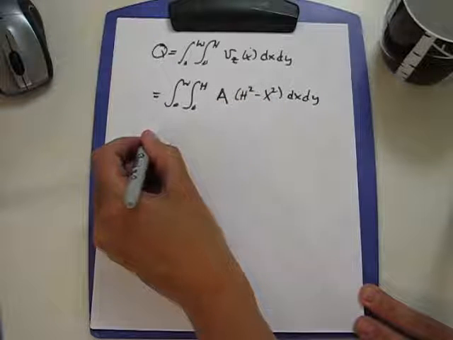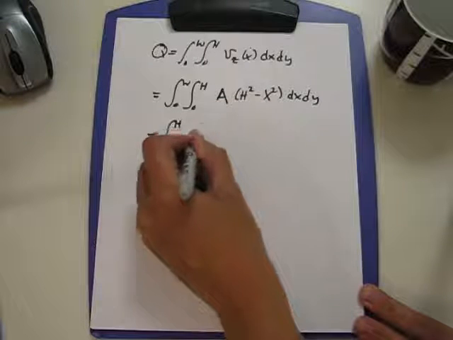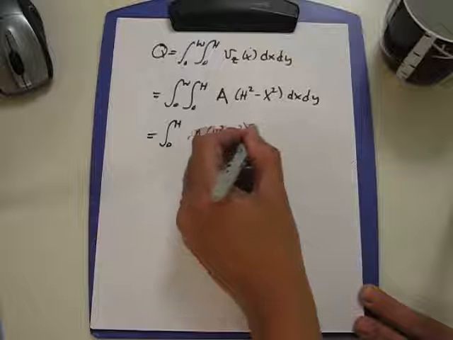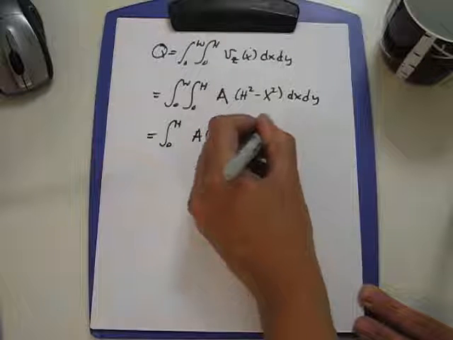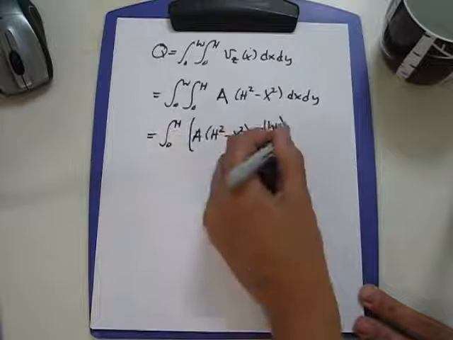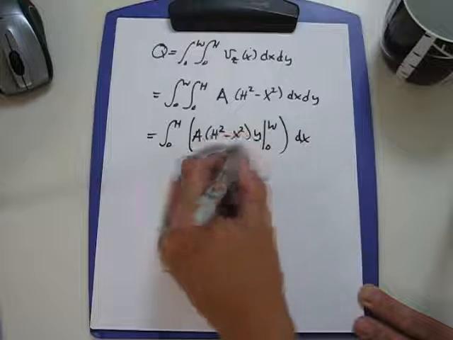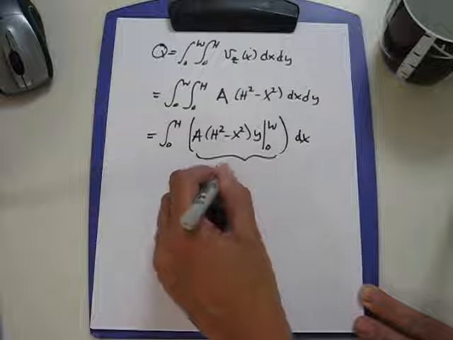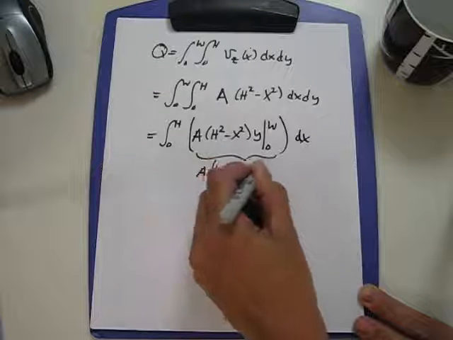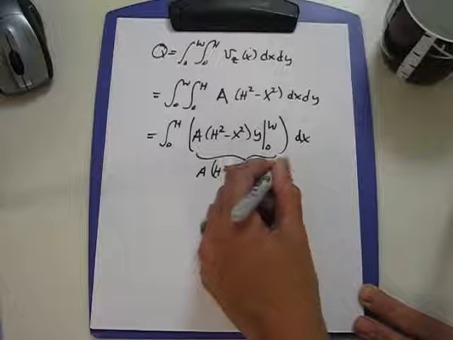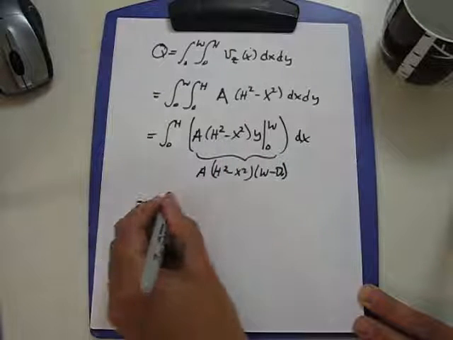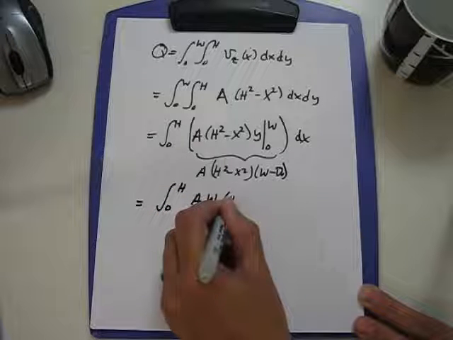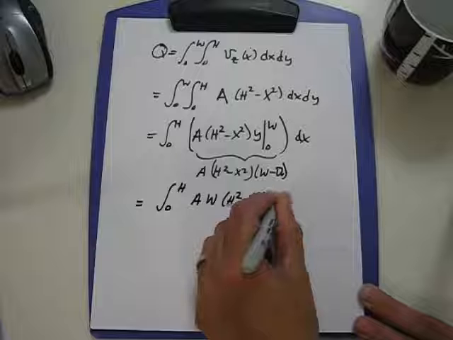Nothing is a function of y. So we get a times h squared minus x squared times y, evaluated from 0 to w. This inside quantity becomes a times h squared minus x squared times w minus 0. And so now we have to carry out the integral from 0 to h of a w times h squared minus x squared dx.